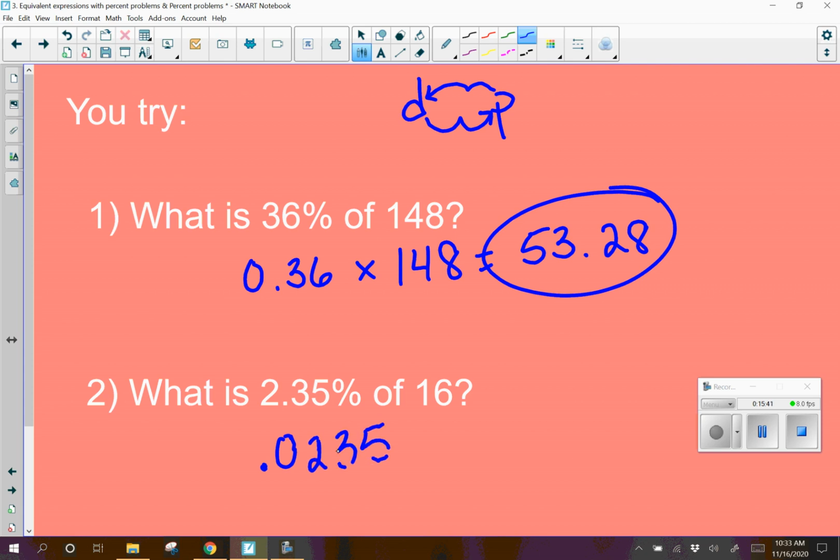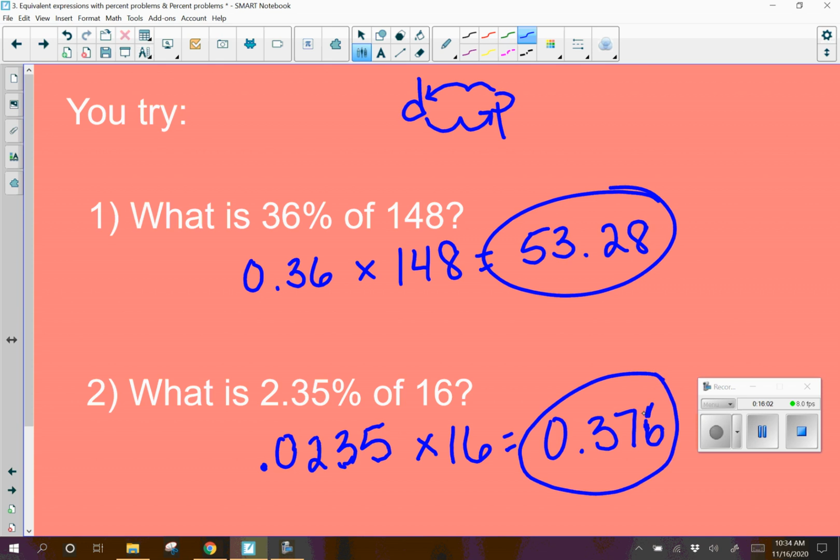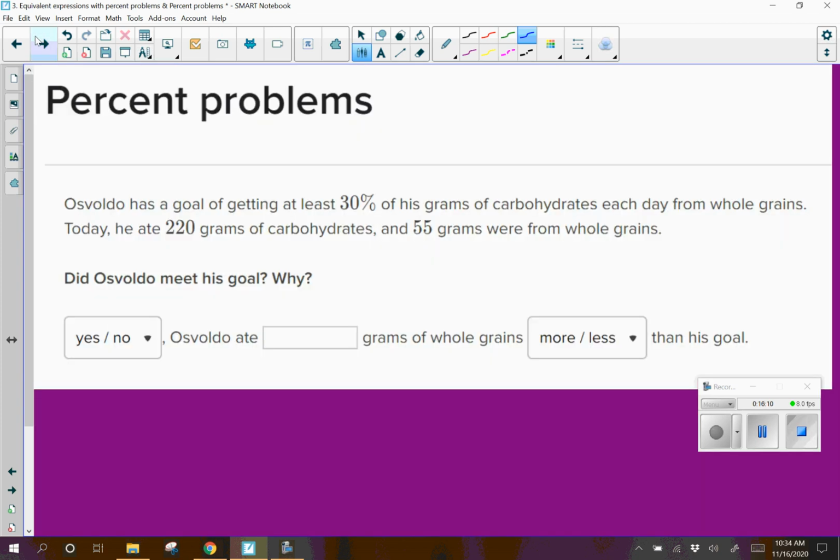So our decimal for 2.35% is 0.0235, and then times 16 is going to give us our answer of 0.376. So those are the 2 different methods that we can use to find percent problems.